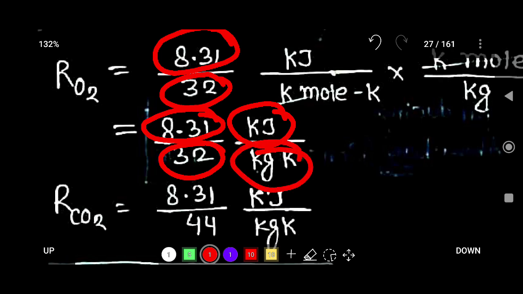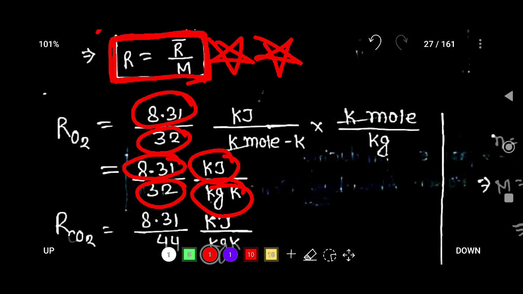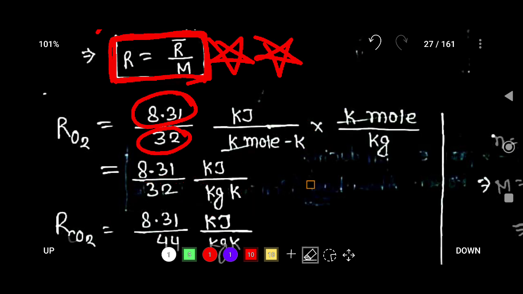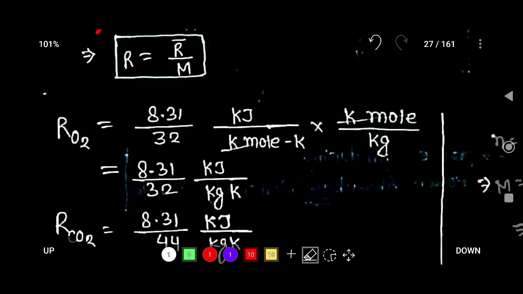The unit of R bar is kilojoule per kilomole Kelvin, and the unit of molecular weight is kg per kilomole, so kilomole cancels and the unit of R is kilojoule per kg Kelvin.